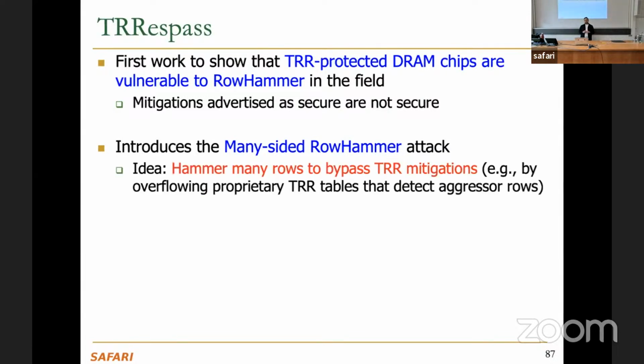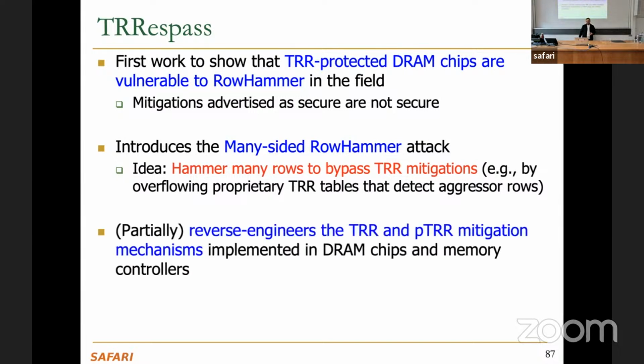So the idea is that you hammer many rows, so it overwhelms the internal counter logic that they implemented inside the DRAM chip. And then this implemented TRR mechanism cannot figure out which row you're attacking. And it goes and refreshes the wrong rows. And as a result, you have bit flips in the row you actually want to have bit flips.